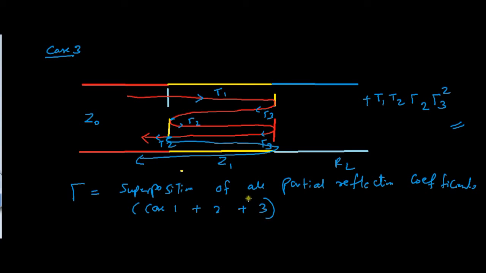So let's see that, and we get the generalized formula for the total reflection coefficient in a quarter wave transformer. There will be a lot of equations now, so just go through that.